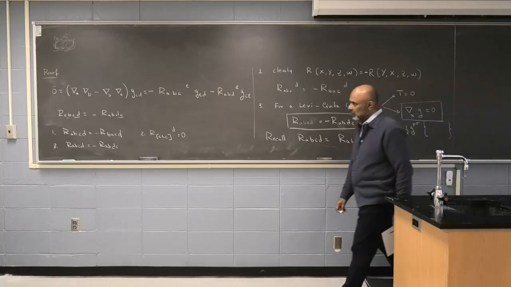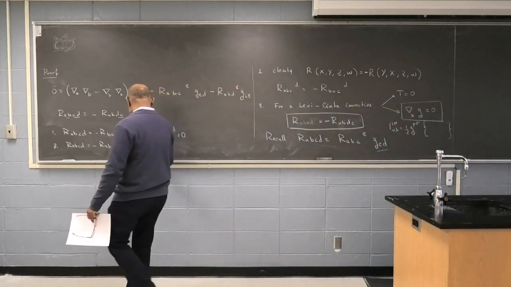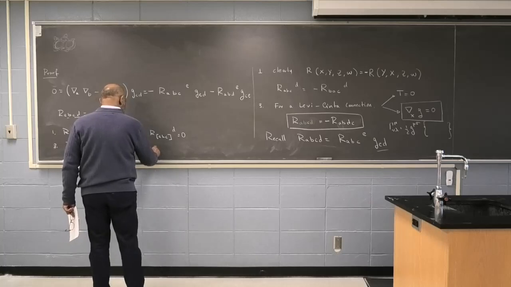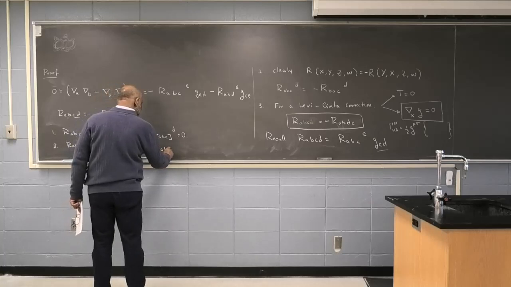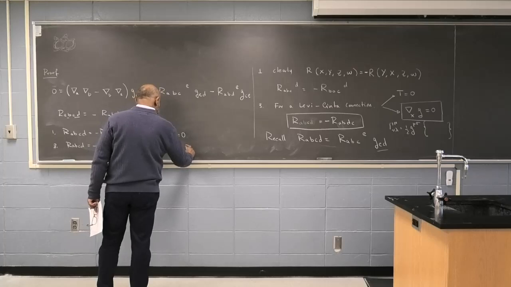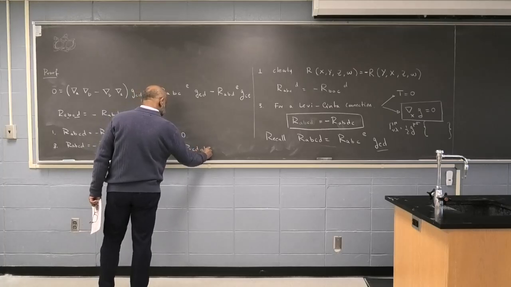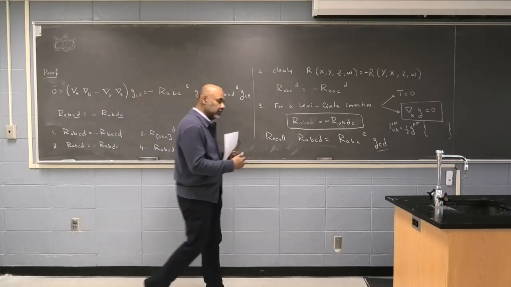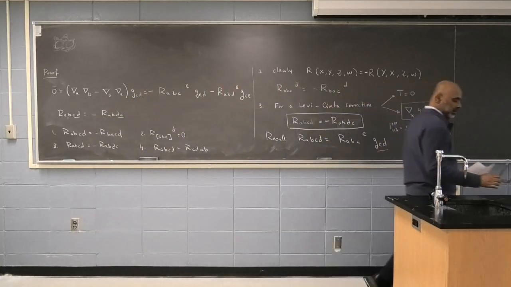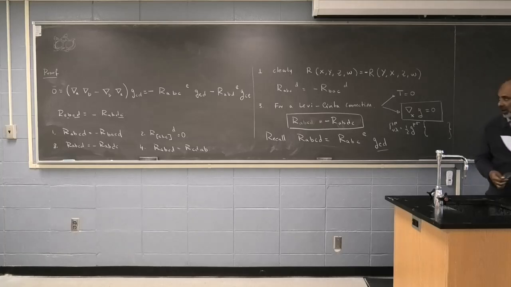And the last one is what I originally wrote, A, B, C, D, is R, C, D, A, B. So understand the symmetries, and then this one I need to prove.